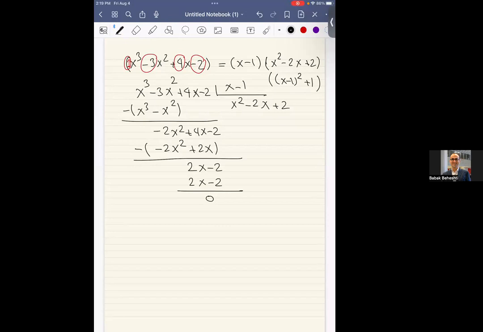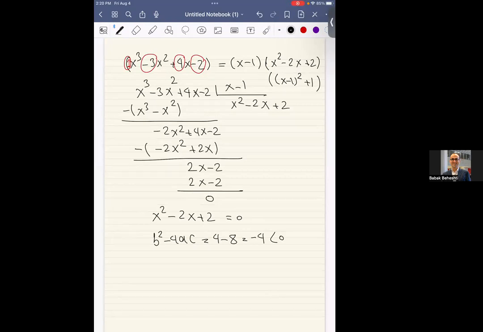Why can't you factor it? This x squared minus 2x plus 2 doesn't have any solution because b squared minus 4ac is 4 minus 8, which is minus 4, negative. So this expression doesn't have any root.